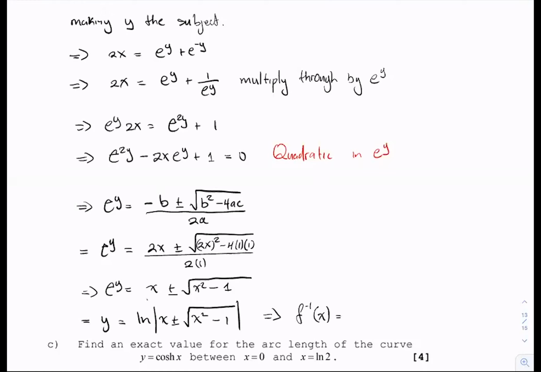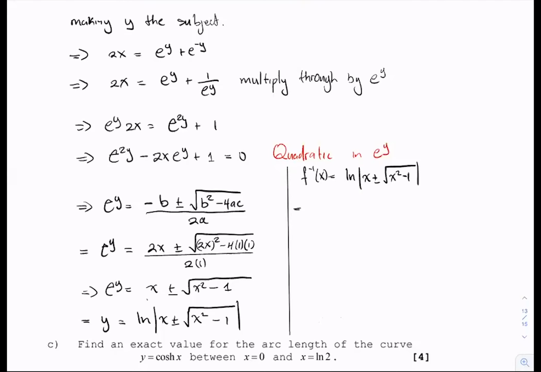Let's see who was paying attention when I was writing down the line technique. We have f inverse of x equals ln of x plus or minus the square root of x squared minus 1. But have I proven what the question asks to prove?